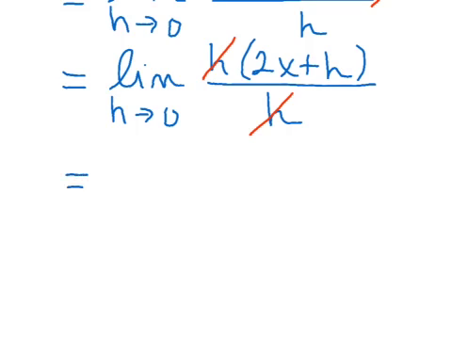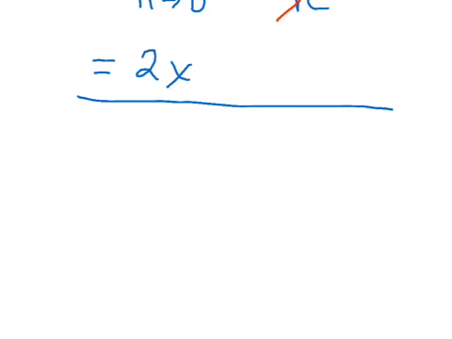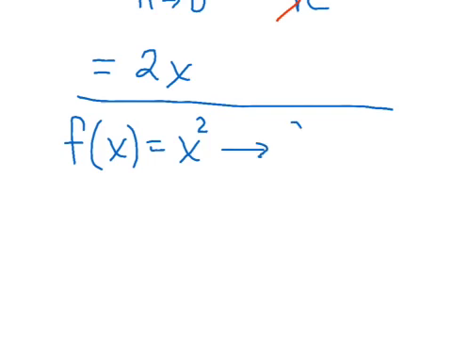When you put in 0 for h here, you just get 2x. So what we've seen here is that on the parabola x squared, the slopes behave according to the function 2x.